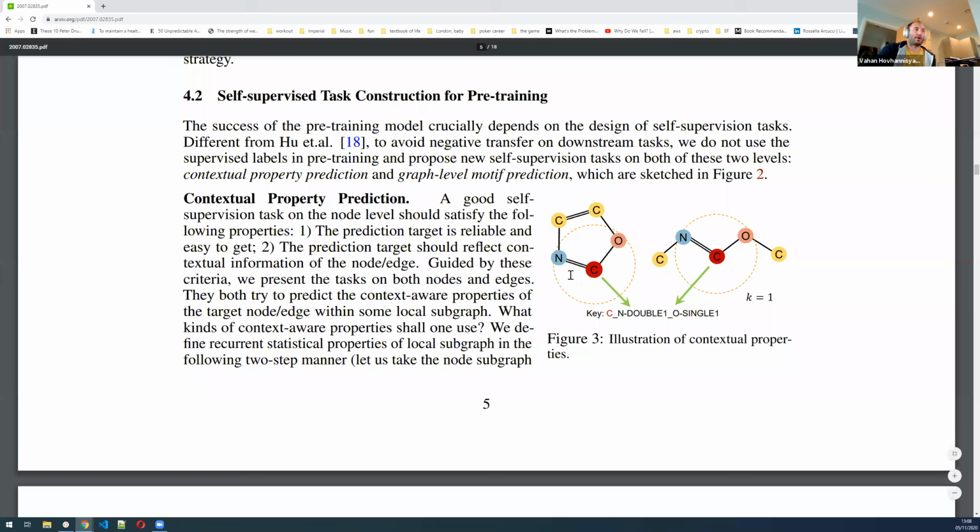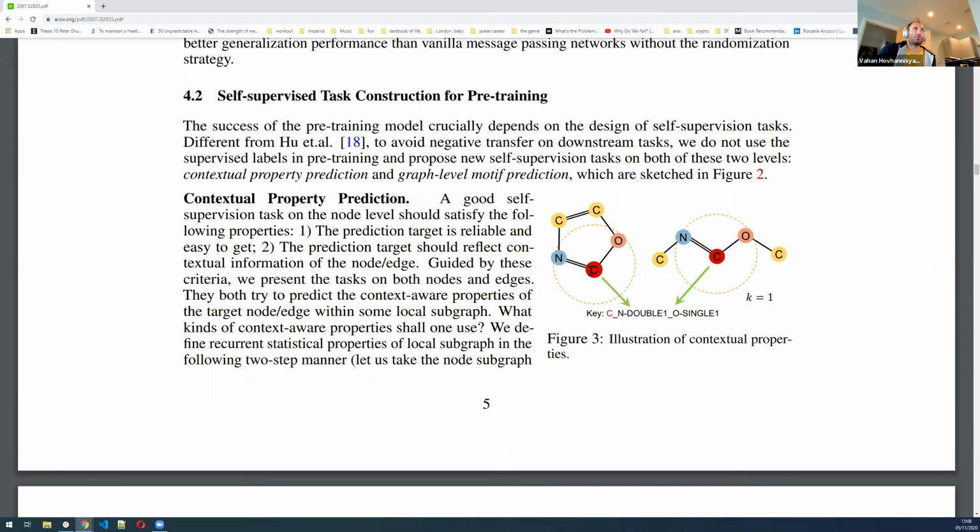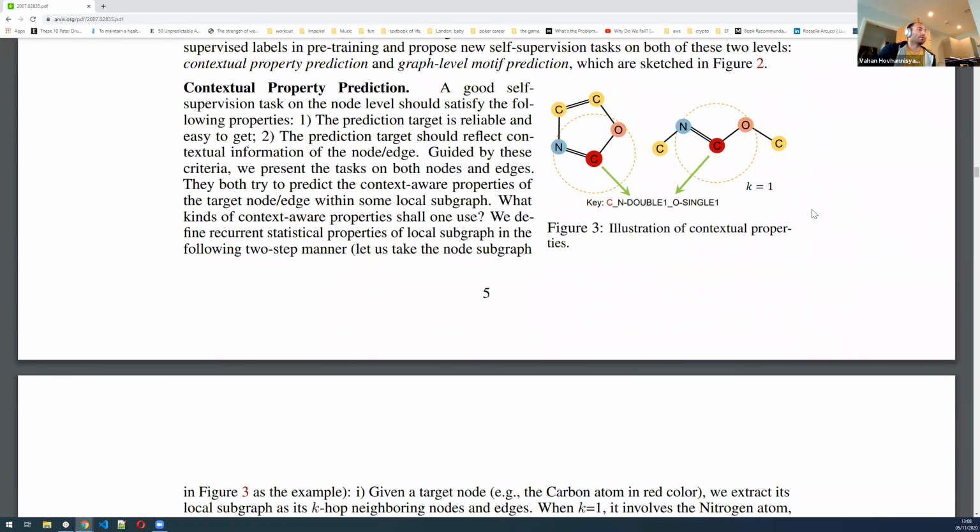So if you want to find a context, you want to learn the embedding for C, given embeddings of its neighbors and the edges between them. Okay, and that's one pre-training task, a self-supervised pre-training task.